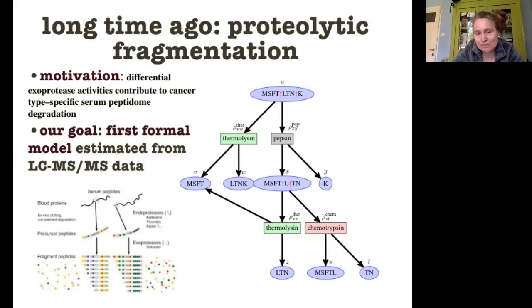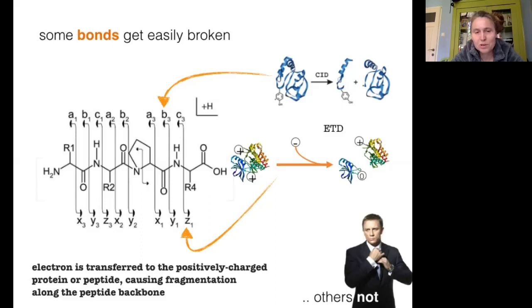We can then model the flow, the dynamics, by means of Markov chains, and also calculate the stationary distribution and the evolution in time using ordinary differential equations. And it was quite nice, especially as the same approach can be applied to another fragmentation process which happens inside a mass spectrometer.